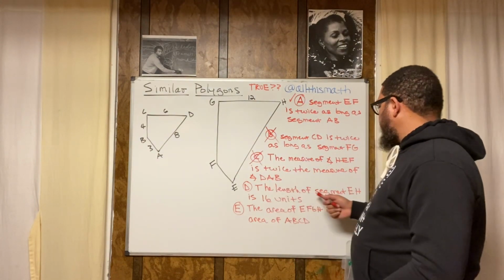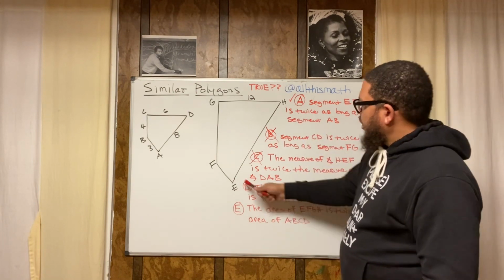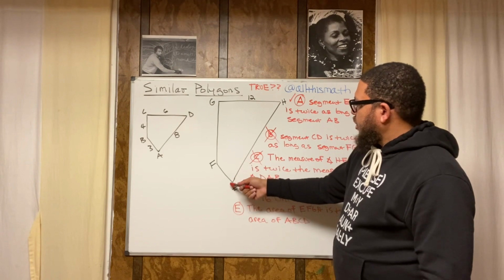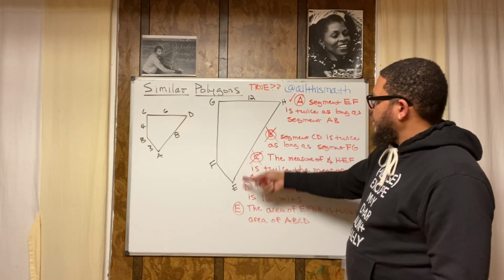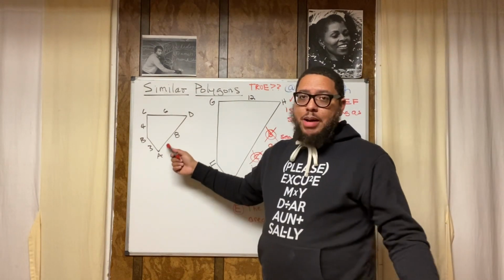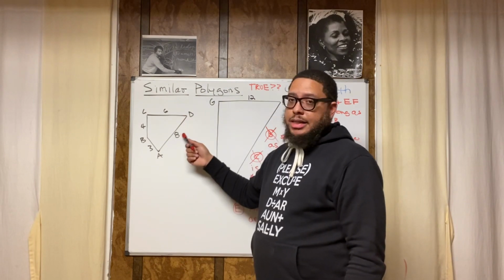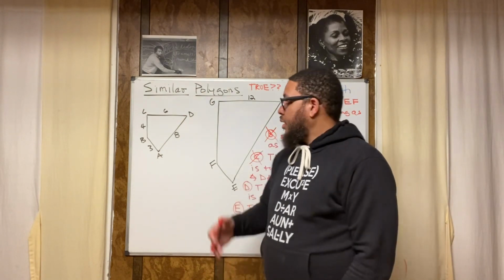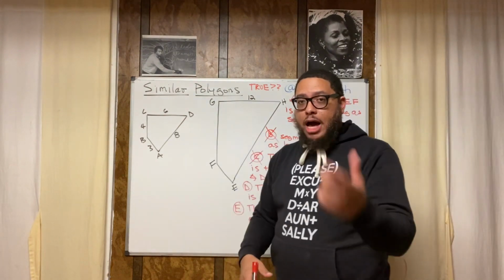So this is wrong. All right, so memorize that about the angles, okay? Choice D: the length of segment EH is 16 units. First of all, where is EH at? EH is in the big polygon. It goes from point E to point H. That's this right here. We don't know what it is. It's not labeled, but we do know the corresponding side in the smaller polygon is AD, and AD is 8. So if AD is 8, and we already know that this polygon is twice as big as this one, how do we know that?